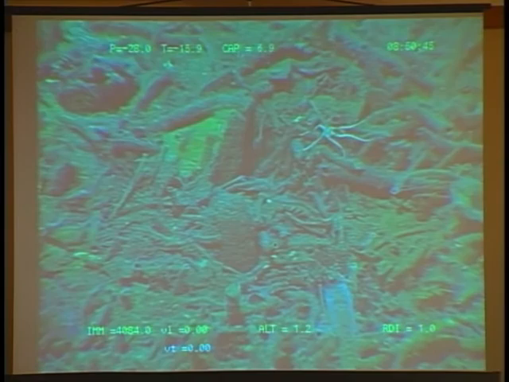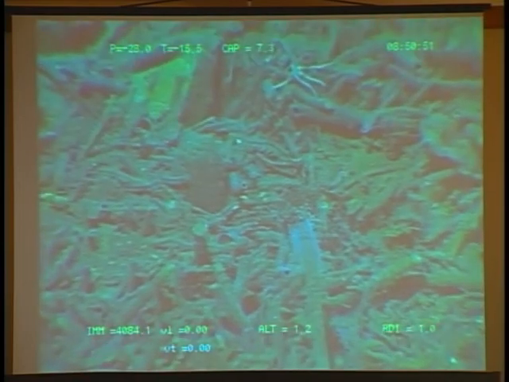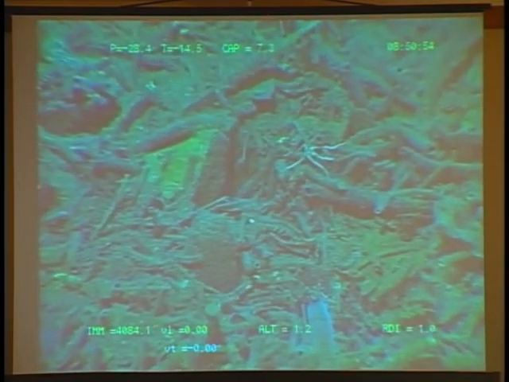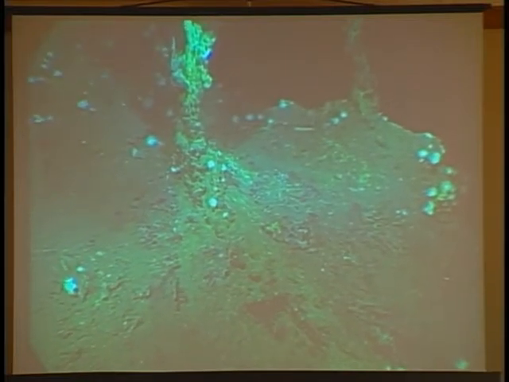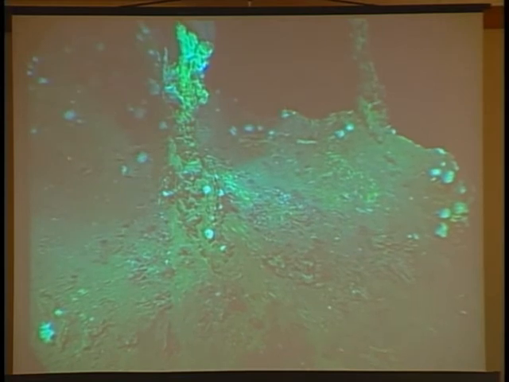So we are really in those places where we can see the extreme of life on Earth. And here we have a series of tubes where here and there you can see that you have living animals inside the tubes.